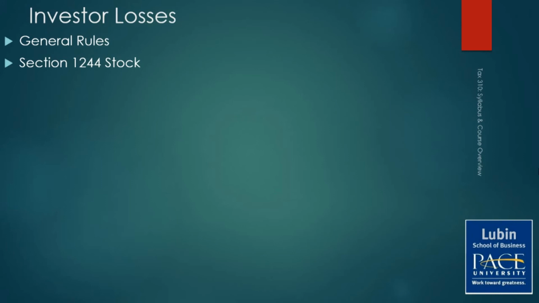And so the mechanics of the loss deduction are that the amount of the ordinary loss deductible in any one year for the disposition of 1244 stock is limited to $50,000, or $100,000 for taxpayers filing a joint return with a spouse. So this $1 million, if you have it split up among 10 shareholders, all of which are married, then you're in luck.